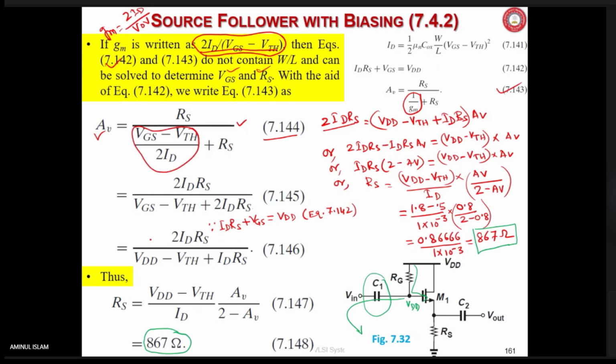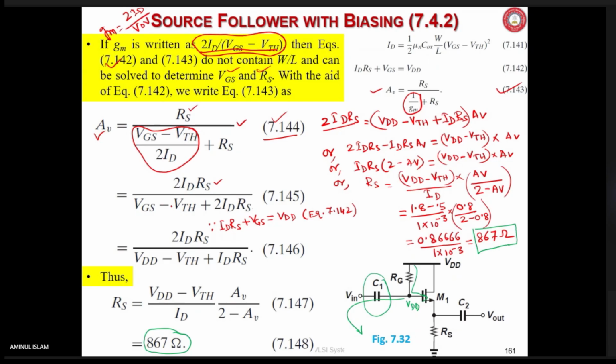If that is the case, then it is nothing but the current gain, this one. That is equation 7.143. Now see, this can be written as this. See, VGS minus VTH and 2ID RS, and from the bottom, 2ID is going up and getting multiplied with this one.